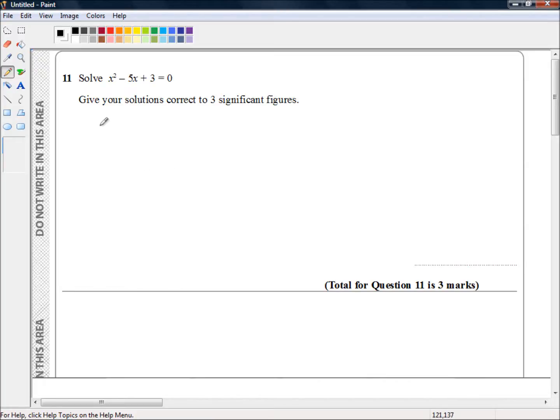Okay, so our quadratic formula is minus b plus or minus the square root of b squared minus 4ac, all over 2a. So that's minus 5, so this is b.